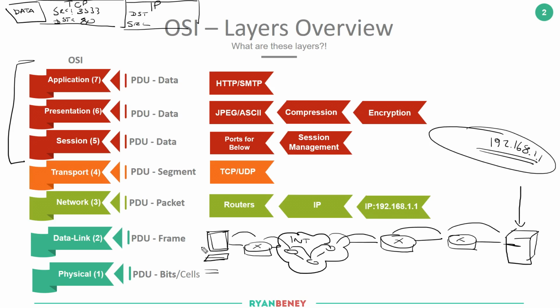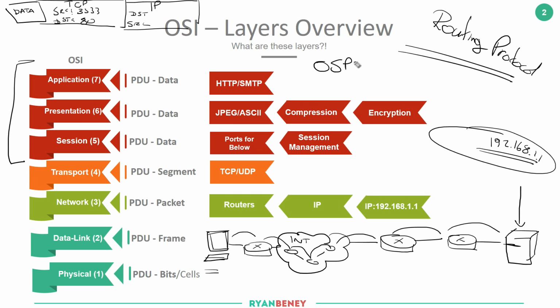And the reason it would know how to get to the particular destination is because each of these routers will communicate together using a routing protocol, some of which are called OSPF, RIP, BGP, EIGRP, and many others.